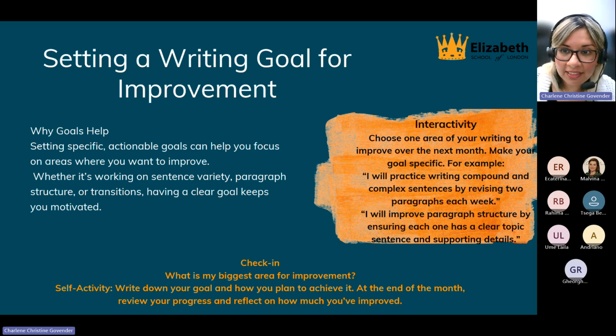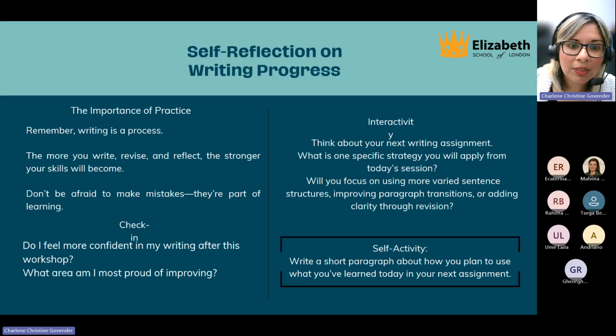If you attend every week, that's part of a step towards your goal. So my main takeaway from today is obviously your paragraph structure and how to write that, and setting a realistic goal for yourself.